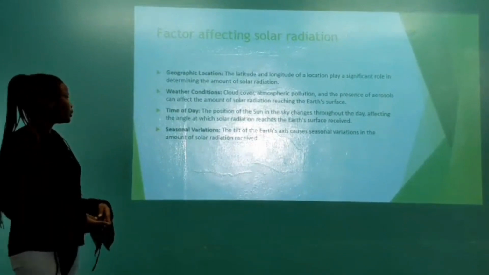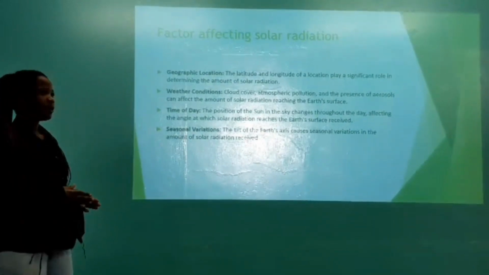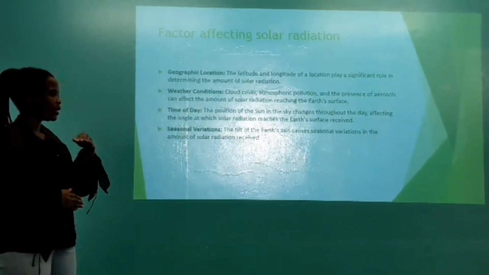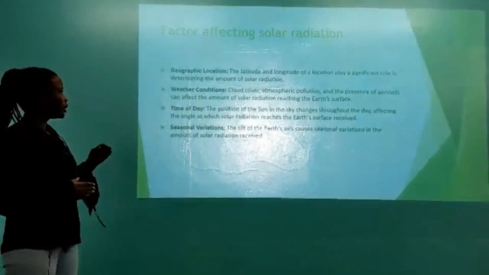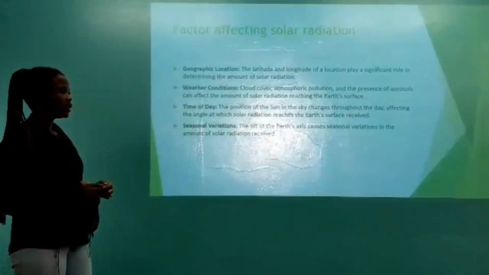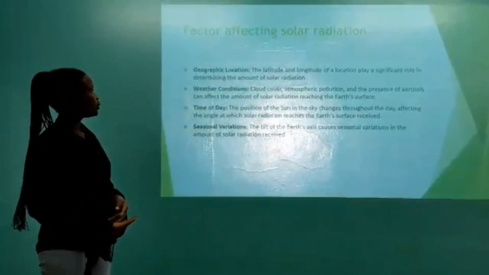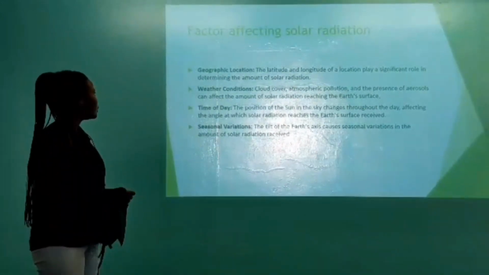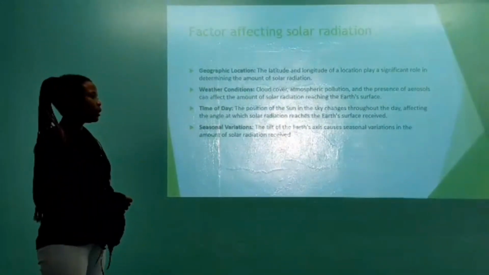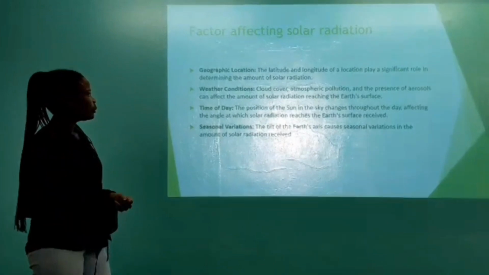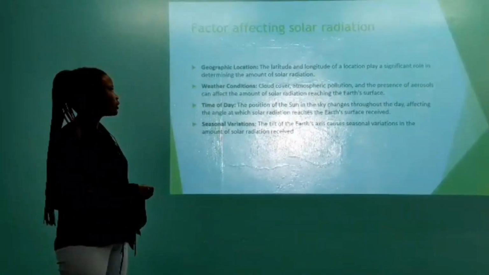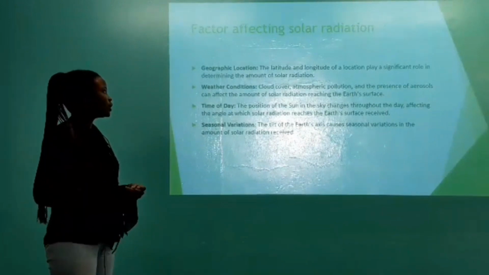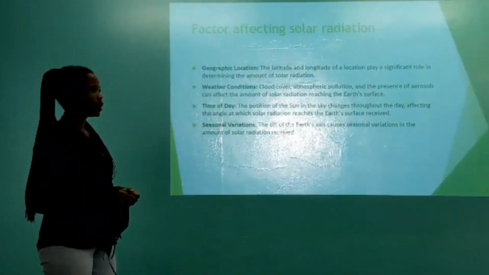According to geographical location, high latitude affects solar radiation because the radiation at higher latitude is very low. The second one is weather condition. Cloud cover, atmospheric pollution, and the presence of aerosols can affect the amount of solar radiation reaching the surface of the earth.